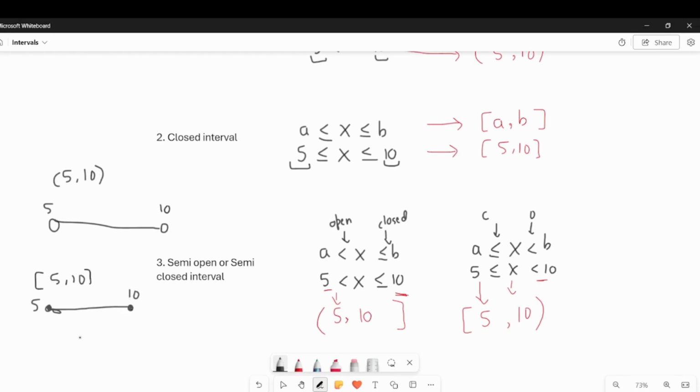And when we have to represent a semi-open or semi-closed interval, if one end is open, we'll put a hollow circle there, and if the other end is closed, we'll put a black circle there. And if this end is closed, we'll put a completely filled circle here, and if the other end is open, we will put a hollow circle there. So this is the way of representing a semi-interval.